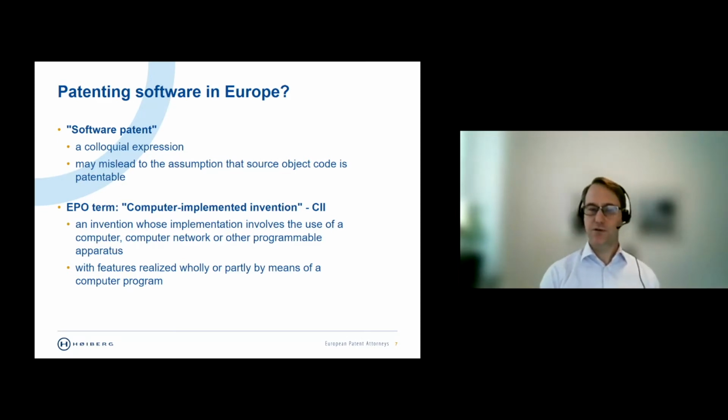So it's usually a method that is implemented on a computer, and that's different. This is what this slide is trying to say, that the software patent is a term we often use because it's convenient, and we understand what it means, but it's not really true. It's somewhat misleading.